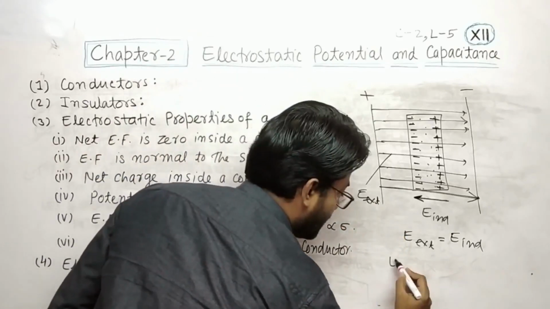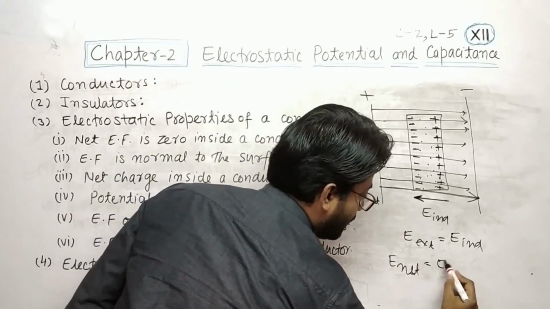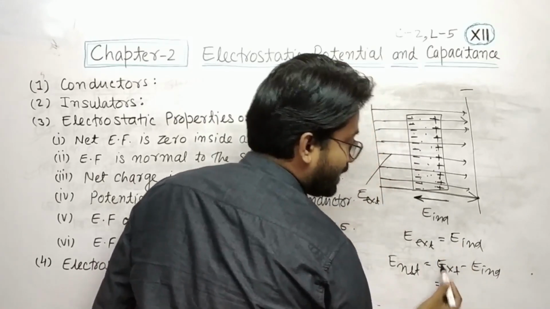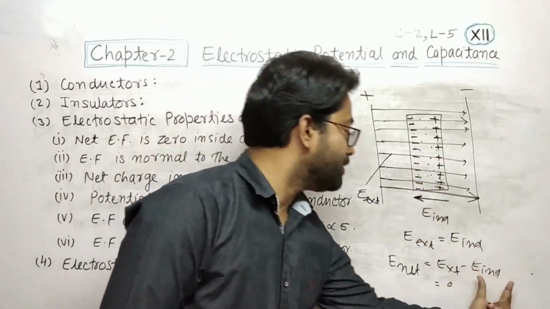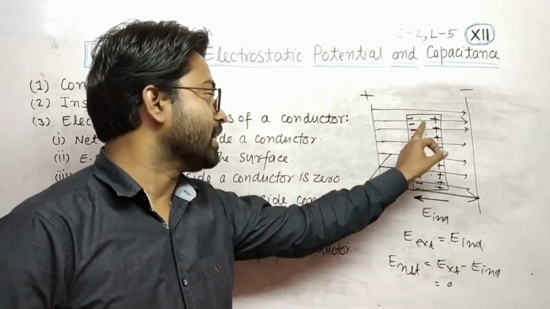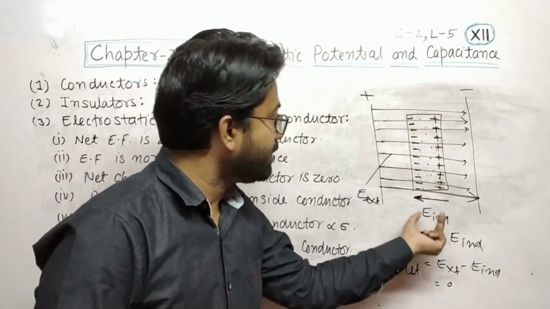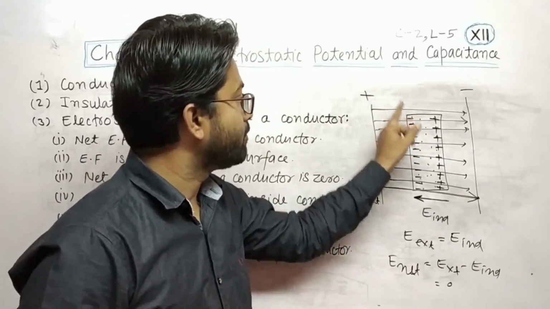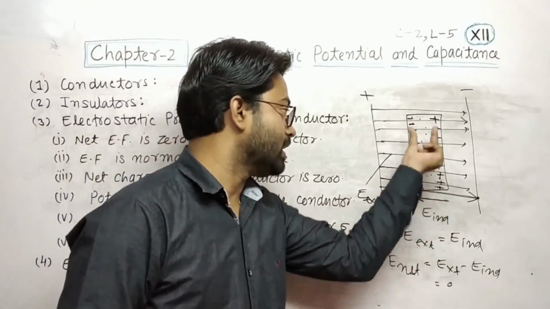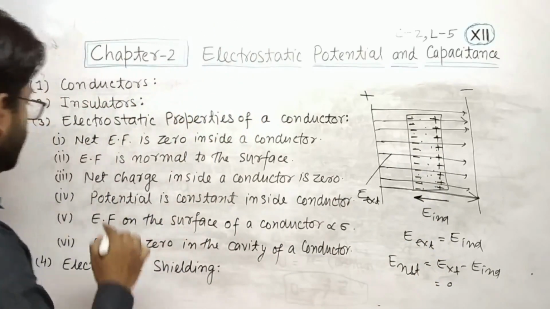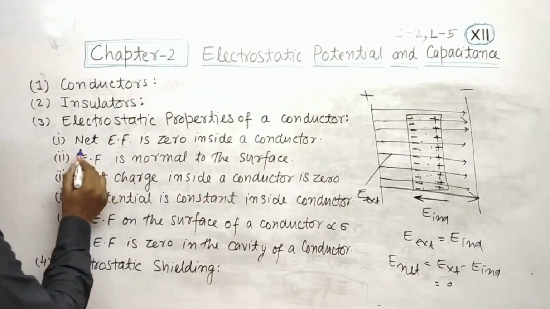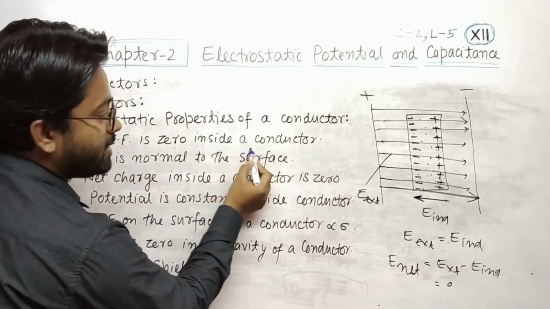That means the net electric field, external minus induced, is 0. So when the conductor is placed in an external field, the net electric field inside the conductor is 0. That was the first point: net electric field is 0 inside a conductor.